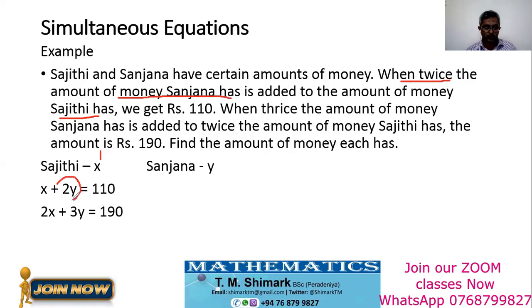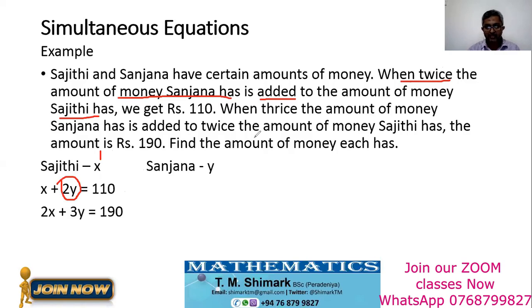When you say twice, you multiply; added, you add. And then Sajiti, we said x. So you add and we get 110 rupees.